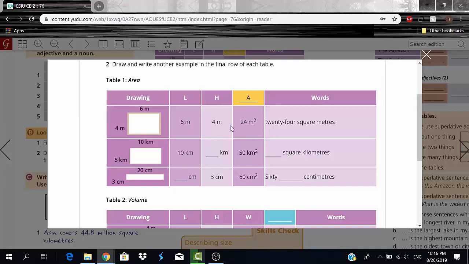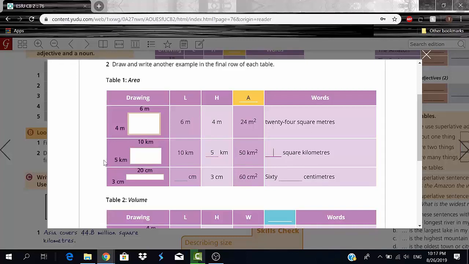And then we have number 2, 10 kilometers is the length, okay? And then we have, what is that, 5? Okay, so we'll go a little bit more to mathematics. So when going upwards, that's called the height, and when going this way, so sideways, we call it the length. Okay, so length, 10 kilometers, 5 kilometers is the height, and 50 kilometers or square kilometers is the area.